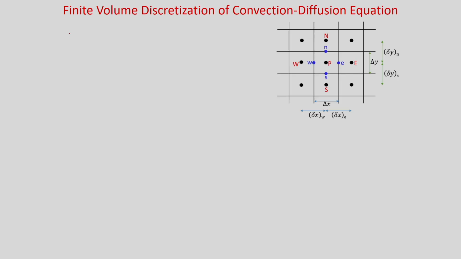Now let us integrate this equation over the control volume and over time. So, let us write del rho phi by del t.